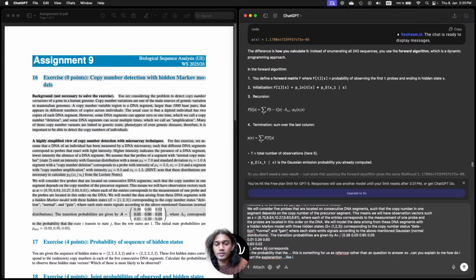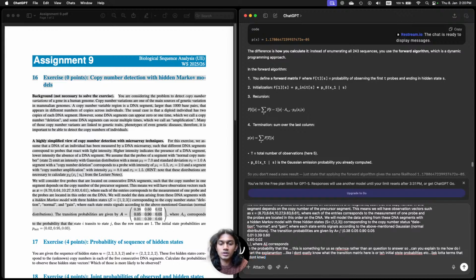I don't exactly know what the transition matrix here is, or the initial state probabilities, etc. Like a lot of terms that I don't know right now.